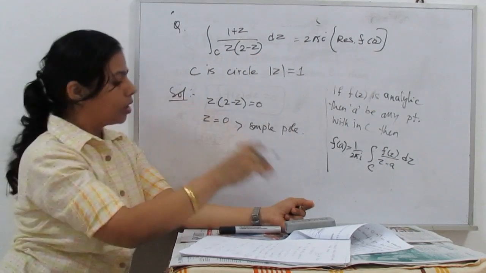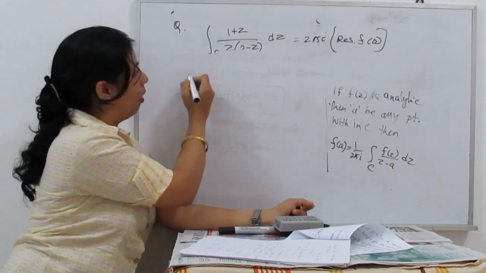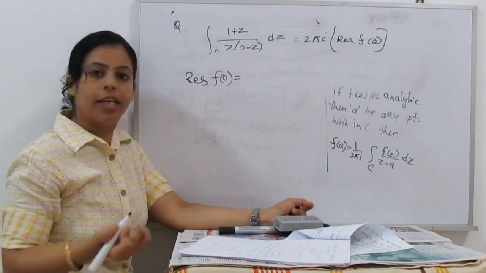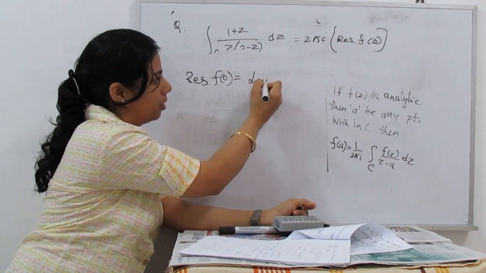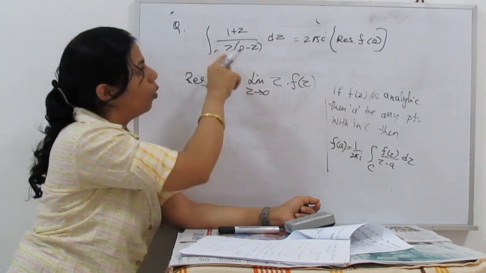So what is the residue? The residue of f at 0 is given by the limit as z tends to 0 of z f(z), because it is a pole of order 1.